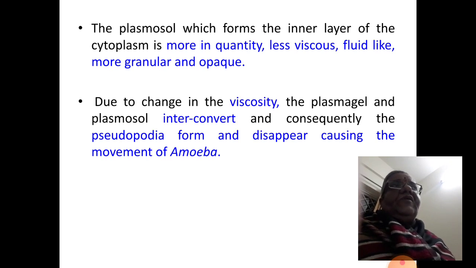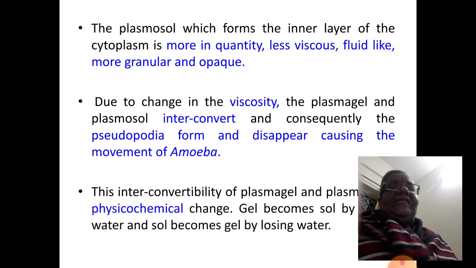I have already told you the nature of these two. But the change in viscosity may convert plasma gel into sol and plasma sol into gel, and this interconversion brings about the formation and withdrawal of the pseudopodia, thereby causing the locomotion in amoeba. Let's see that in detail.